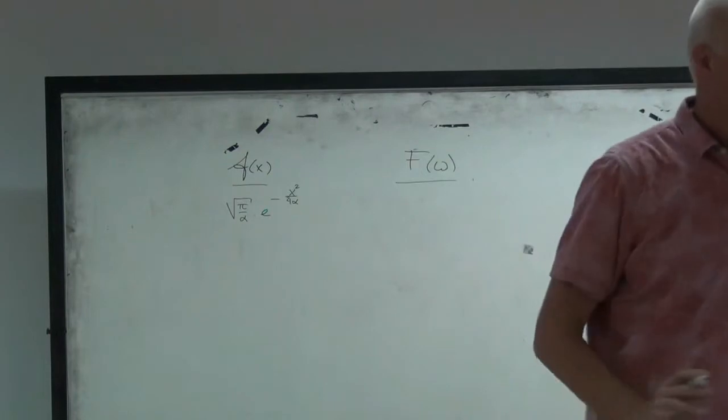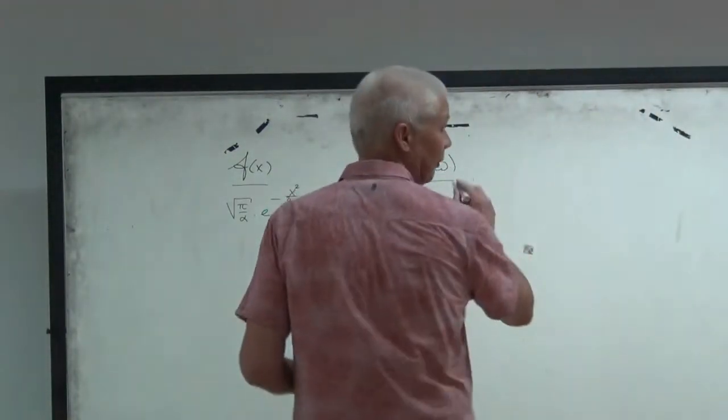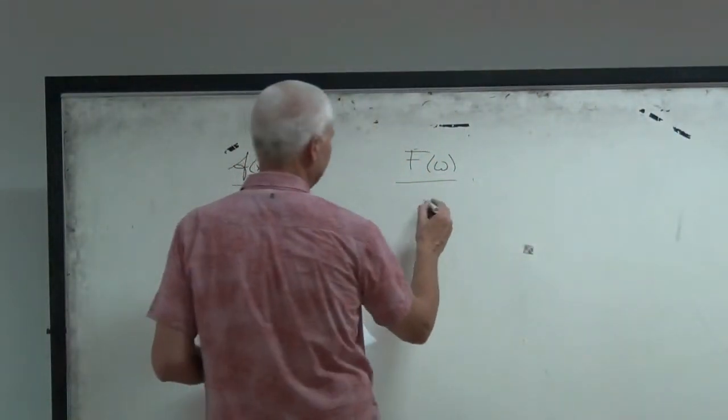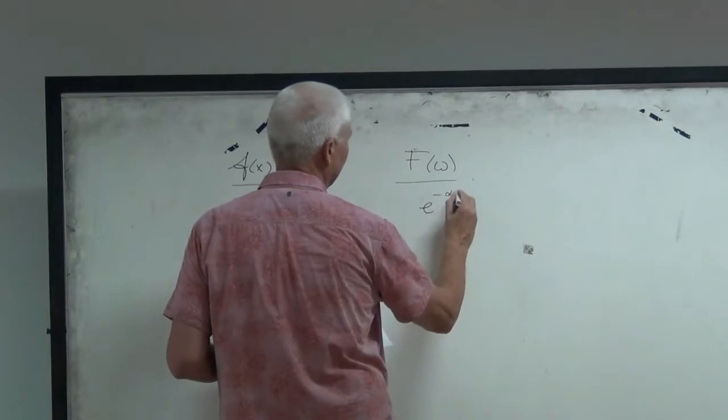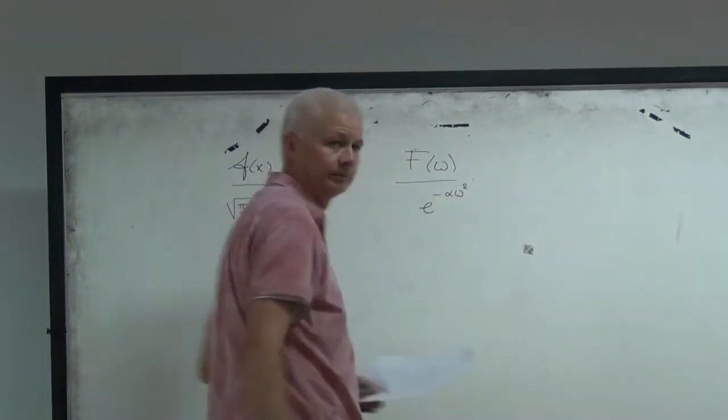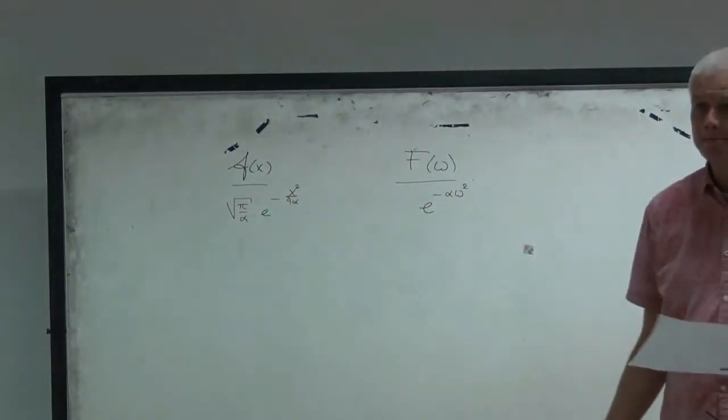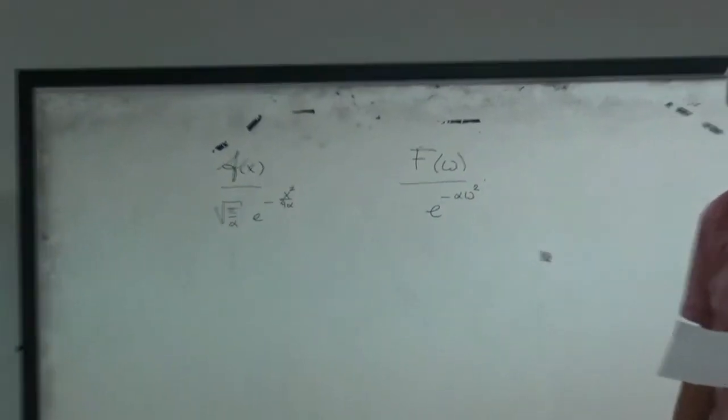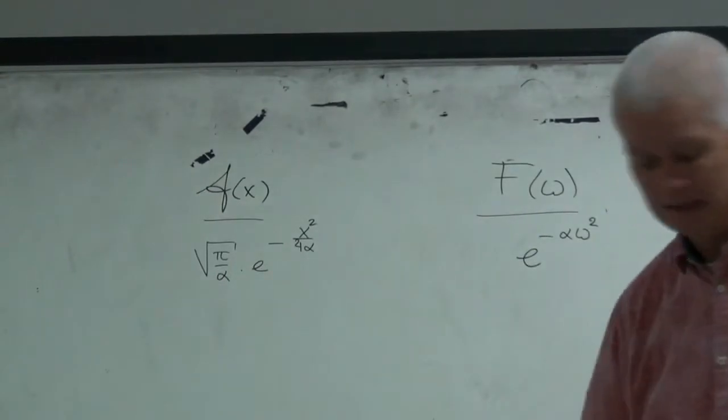I'm making a table here, that's convenient for us. And then in the f(omega) space, that will be e to the power minus alpha omega squared. Okay, so the table is continuing.